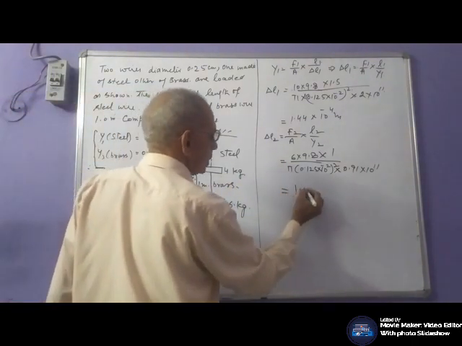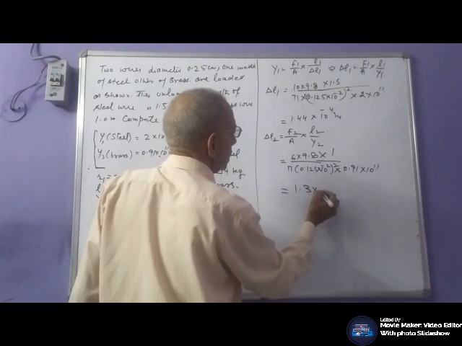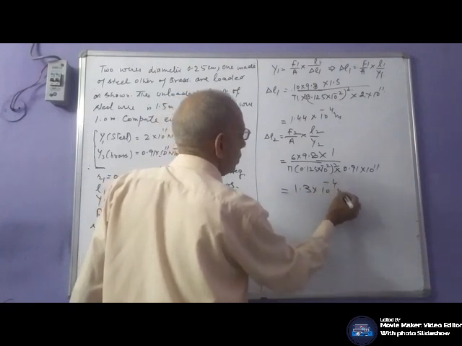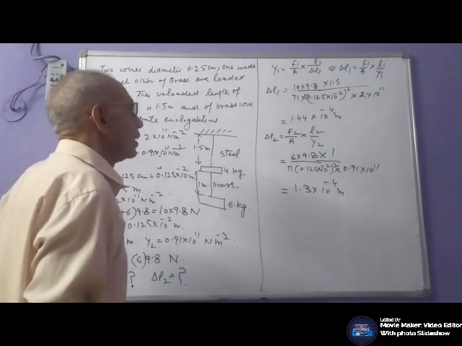Again solve it. It is 3 × 10^-4 meter. So these are the elongations.